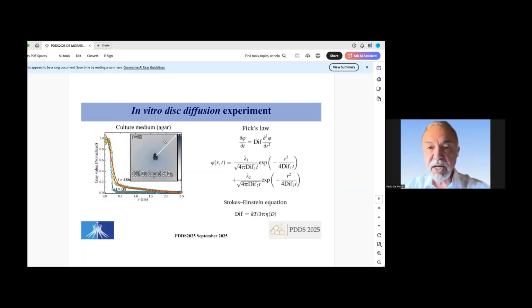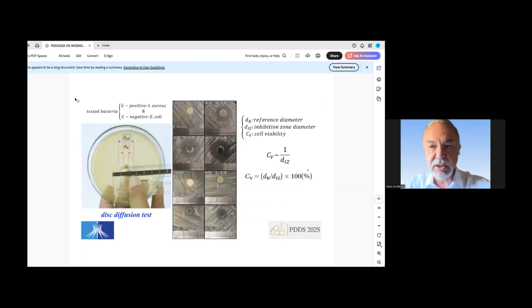So once we understand the diffusion process, we can step forward and perform our experiment using the standard disk diffusion experiment. So here I can show you, we tested actually two bacterial strains. A gram-positive bacteria, which is S. aureus, and a gram-negative, which is Escherichia coli, E. coli. And then on the left-hand side, you can see the typical measurement of the inhibition zone diameter.